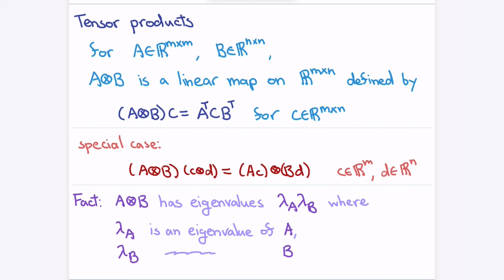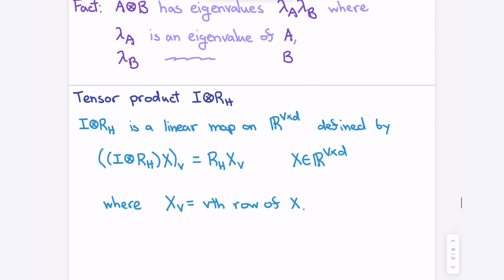And the eigenvectors will correspond to the outer product of an eigenvector from A and an eigenvector from B. Because if C was an eigenvector of A and D was an eigenvector of B and you plug this in, you're going to get lambda A, C and lambda B, D. That gives you M times N eigenvectors, and there are only M times N eigenvectors, so it gives you all of them. Good. So it's weird, but it's behaving nicely in certain ways.